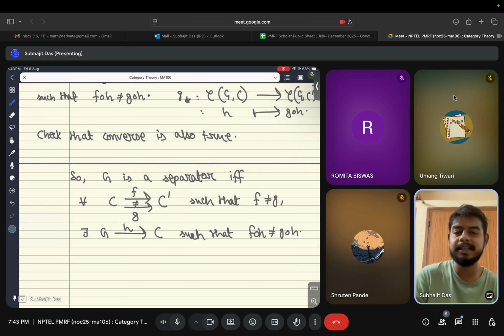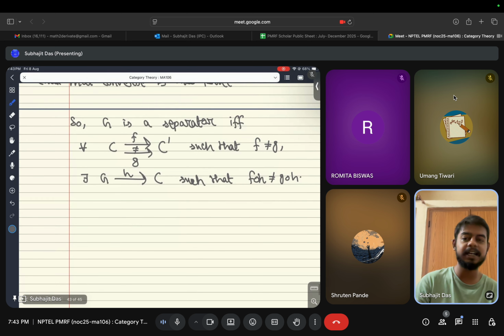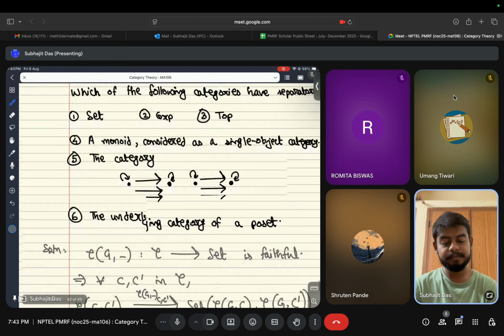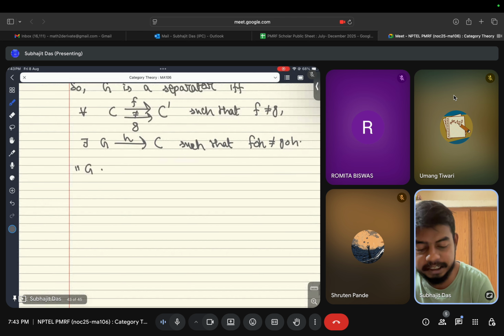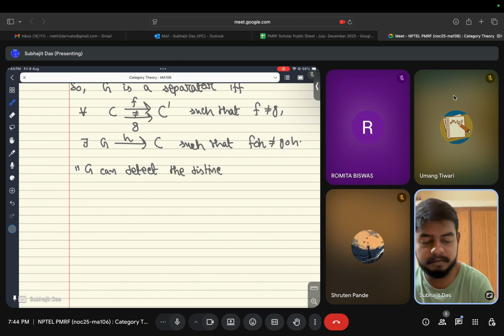That is why it's called a separator. It can separate arrows, which many objects can't. So let's just use this, G can detect the distinctness of arrows. It's not blind to it.